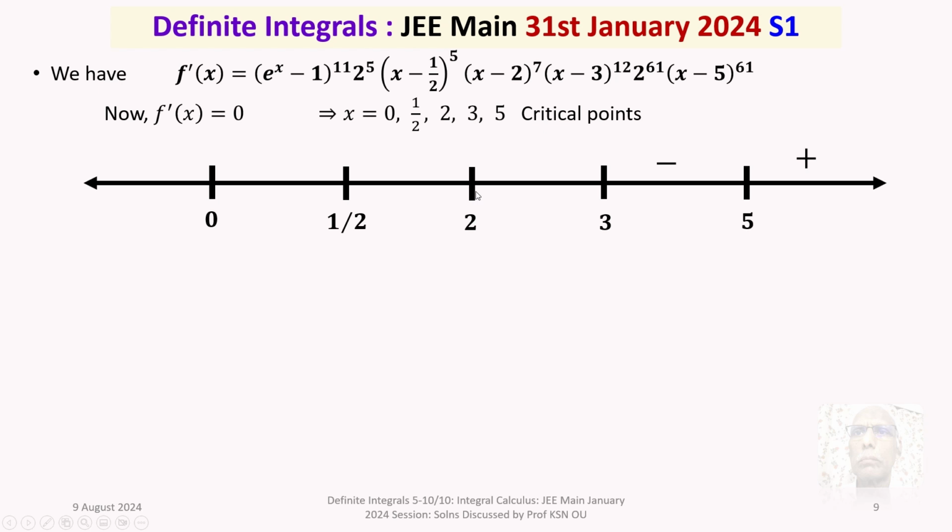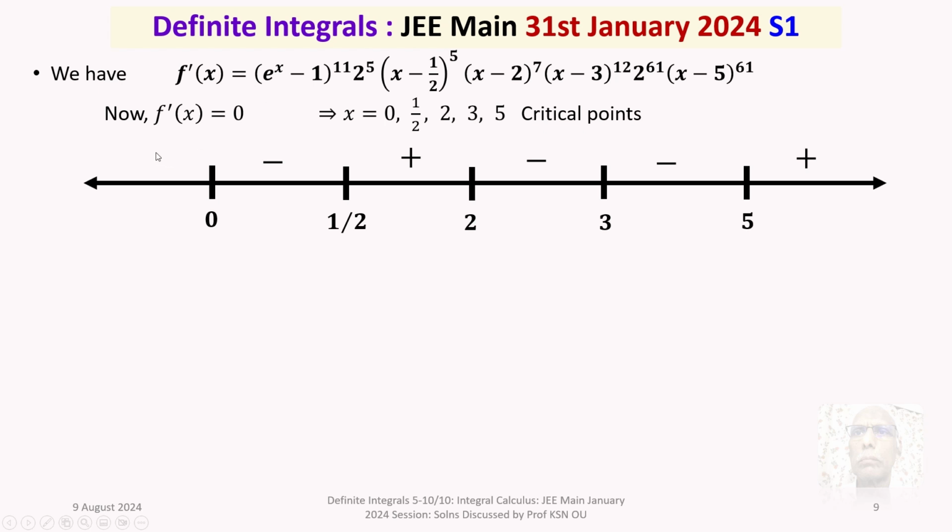Suppose you take a point greater than 2 but less than 3, say 2.5. Then 2.5 minus 5 is negative, negative to the power of 61 is negative. Here x minus 3 is also negative, but negative to the power of 12 is positive, so positive into negative gives negative, and the remaining are all positive. Like that you go on doing it. So up to this it is negative.